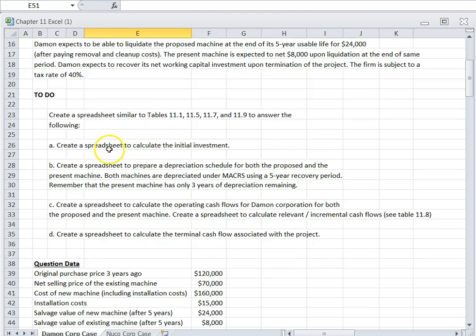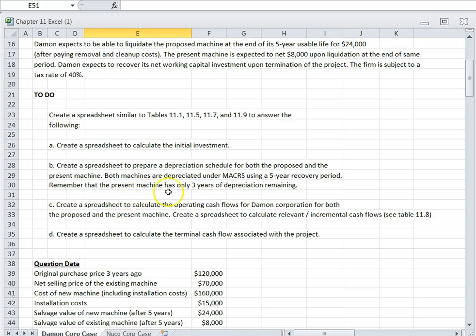So create a spreadsheet to calculate the initial investment, step 1. And so we're creating spreadsheets similar to tables 11.1, 5, 7, and 9 in the textbook. Create the spreadsheet to prepare a depreciation schedule for both the proposed and the present machine. Both machines are depreciated in the 5-year period. We know that.